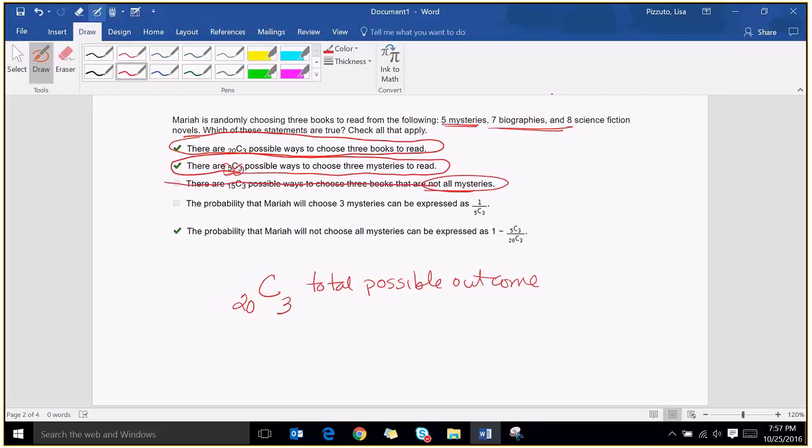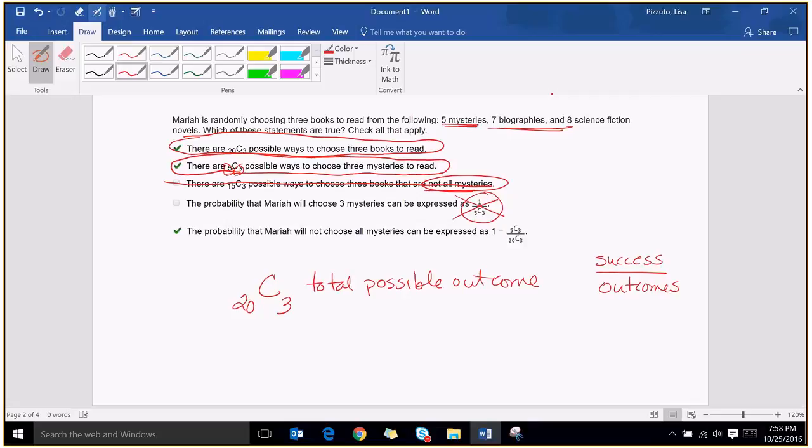Next, it says, what is the probability Miranda will choose 3 mystery books can be expressed like this. Now, that is incorrect because when you do probability, it has to be success over total outcomes. So how can she choose 3 mystery books?